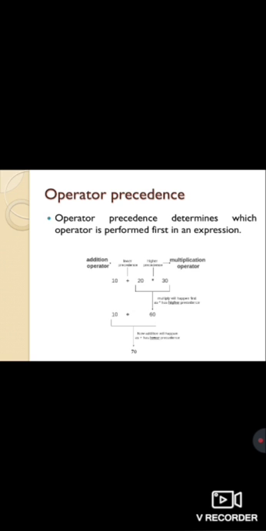So 20 * 30, as a result, 600. Then the lower precedence operator plus, meaning the addition operation, will perform on 10 and 600. So as a result, what we get? 610.